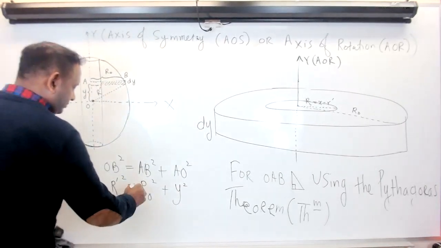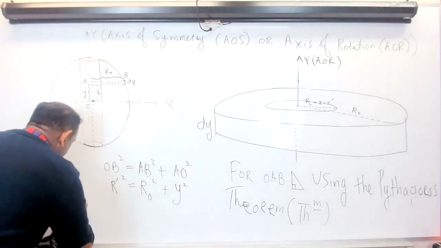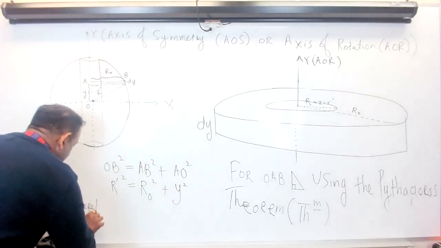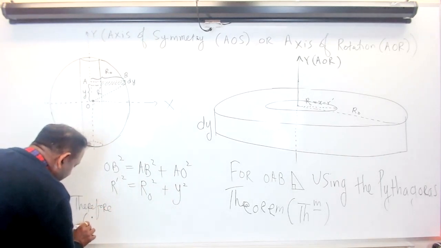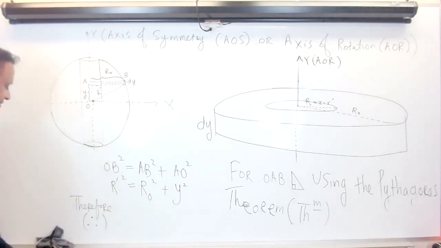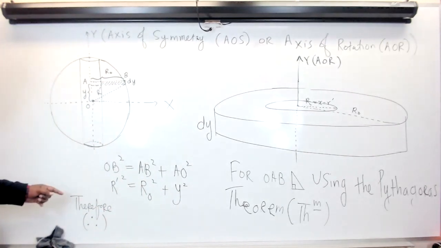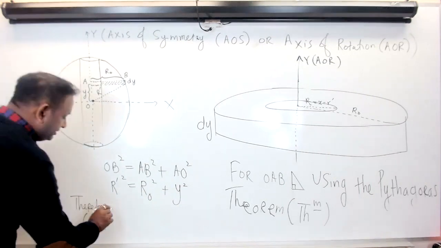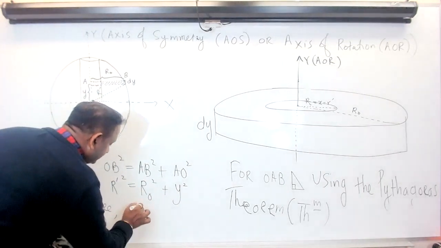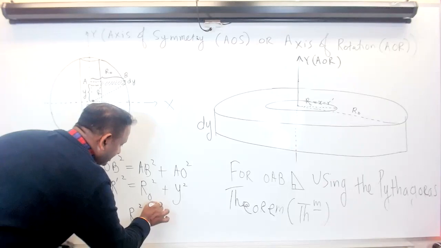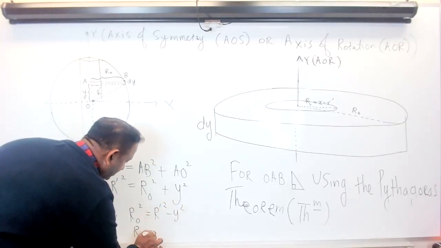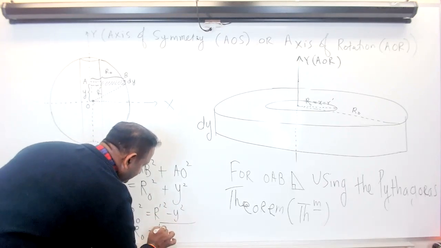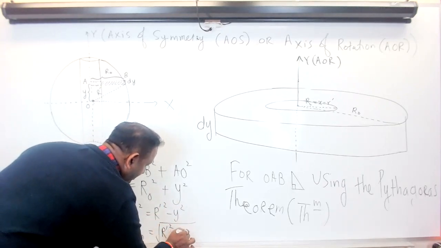Okay, therefore, I'm going to use these three dots at vertices of a triangle. That's a notation, okay, later on. So R naught squared equals nothing but R prime squared minus Y squared. Therefore, R naught is the square root of R prime squared minus Y squared.